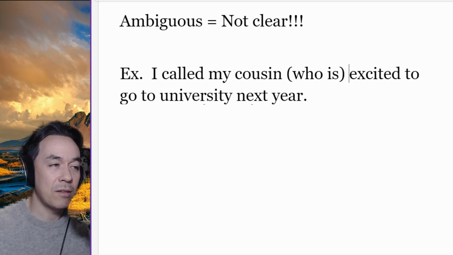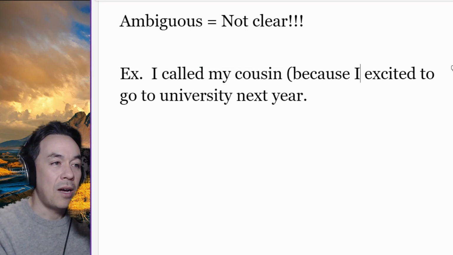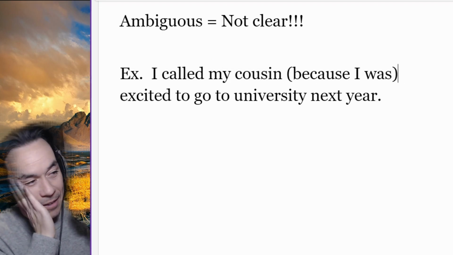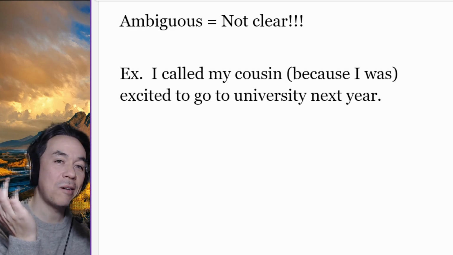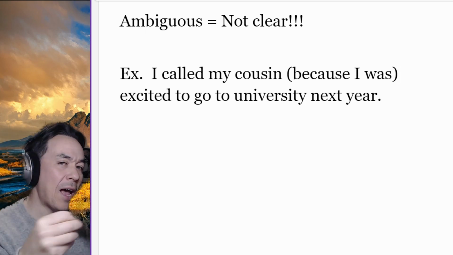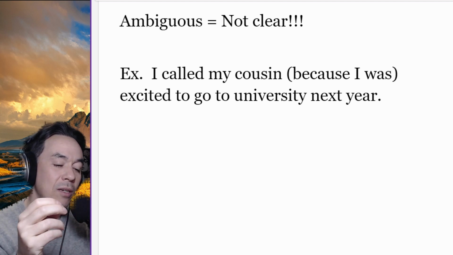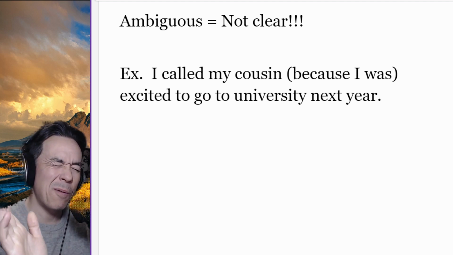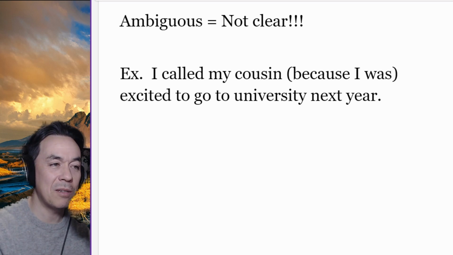So the cousin is excited. Right? Or it could be because I was excited. So that's the case. Yeah, in this case, maybe the shortest or the fastest version is too fast. You say, oh, wait, who? Wait, which one is it?